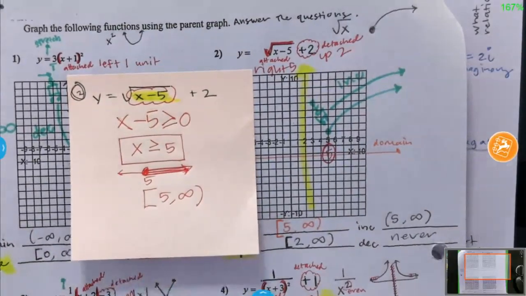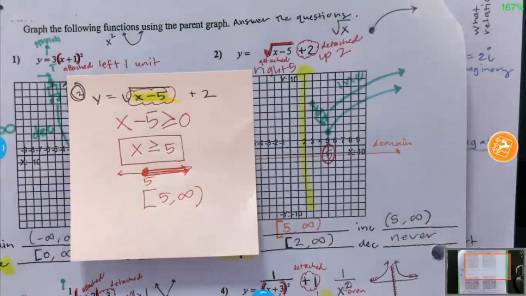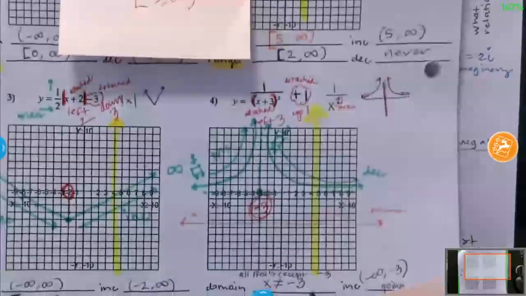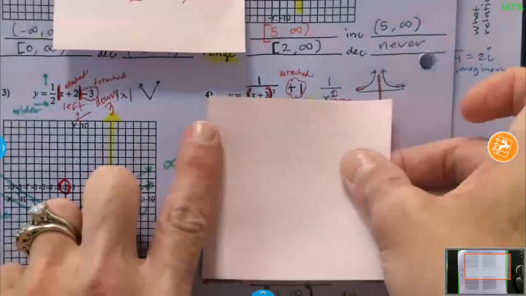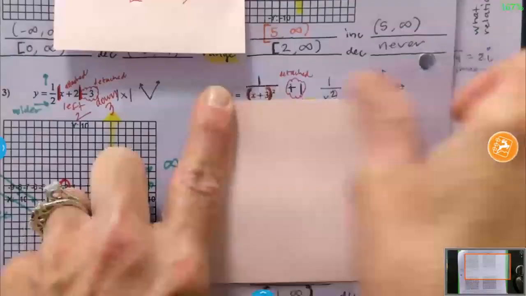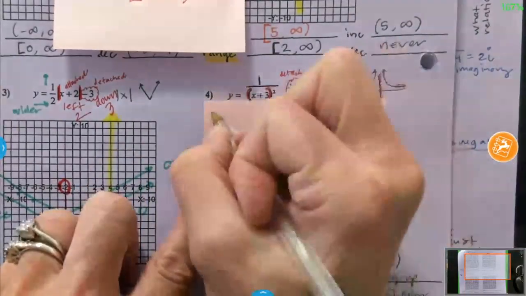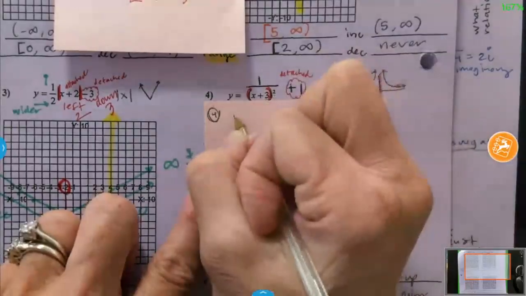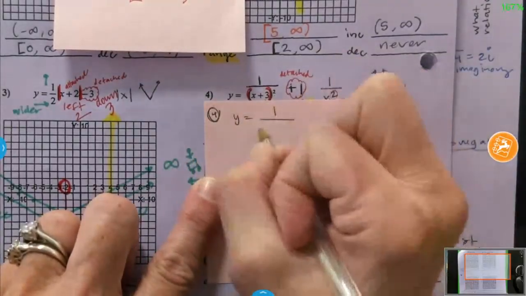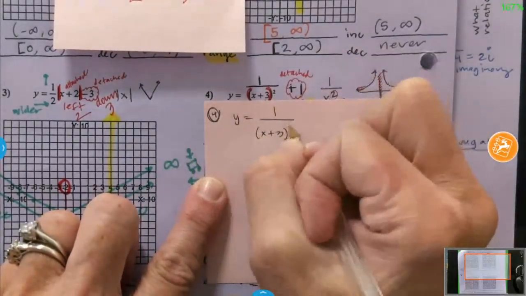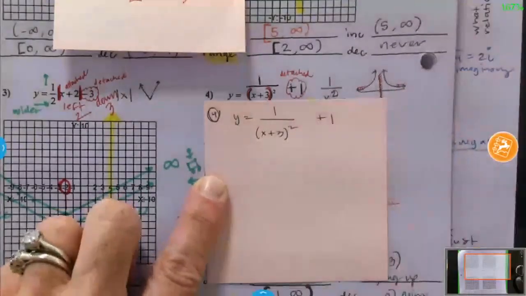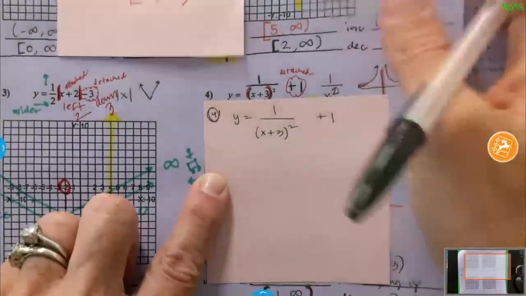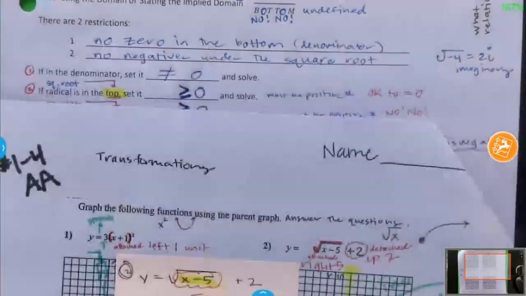And I want to look at one more because number 4 fits this really nicely. So let me get my sticky note on number 4. For number 4, let me just copy down the equation. It was 1 over x plus 3 quantity squared, plus 1. I look at my restrictions. Remember, there are 2 restrictions.